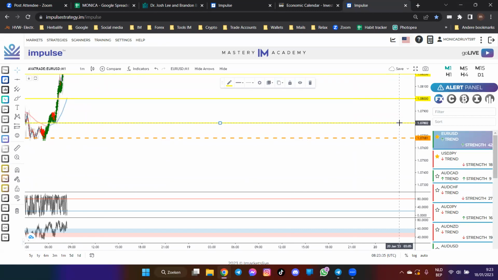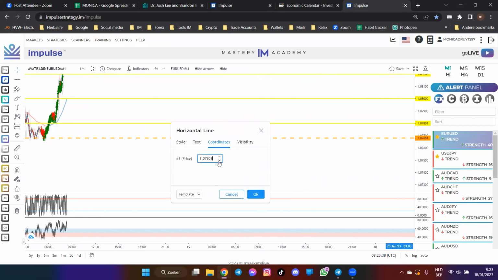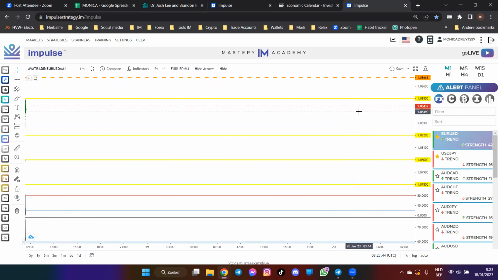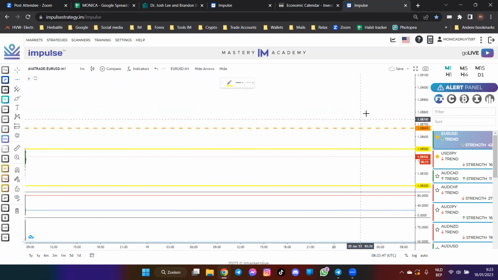Everybody should know by now who is trading with us that it's the 800 level, the 00, the 200, and the 500 level. And that just keeps on repeating.